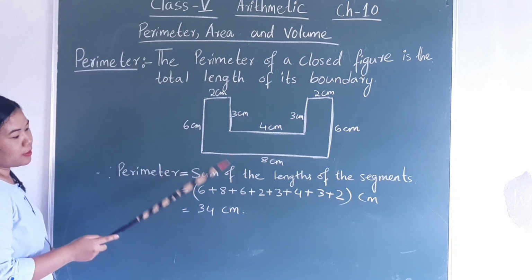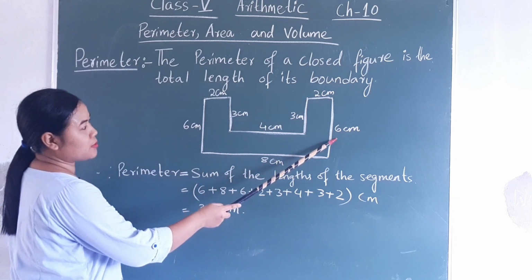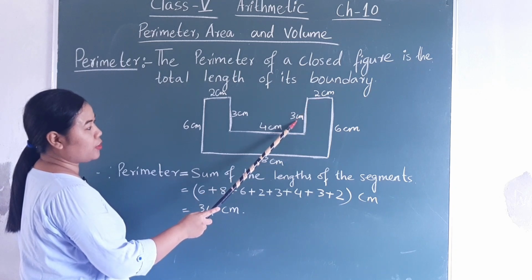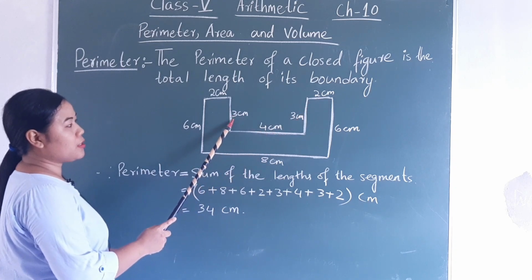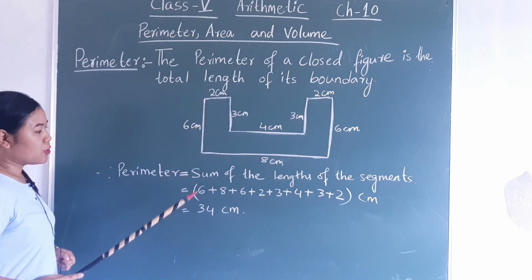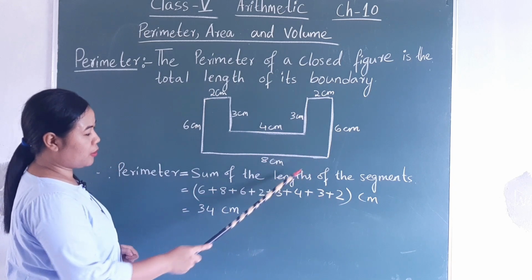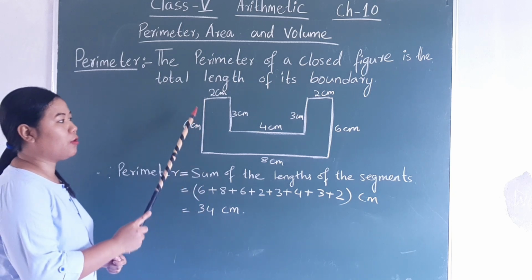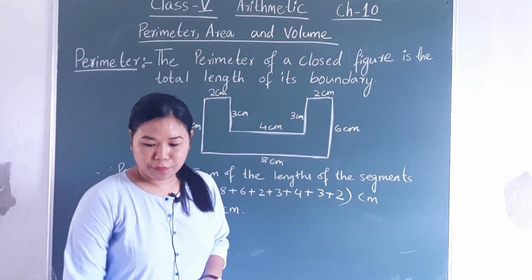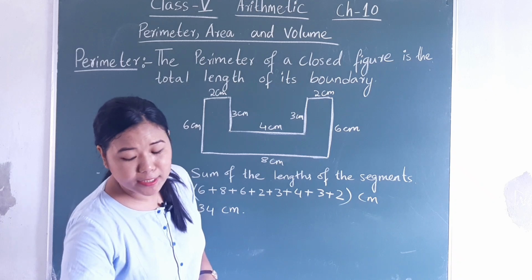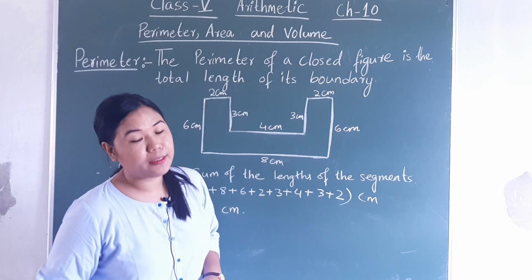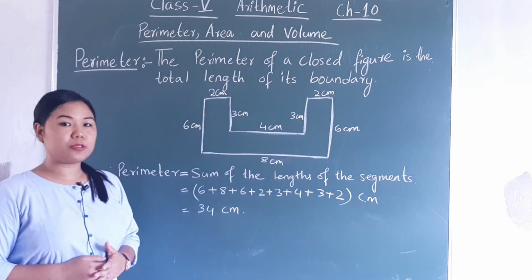Now 6 plus 8 plus 6 plus 2 plus 3 plus 4 plus 3 plus 2. So after we add all the lengths of this figure, we found the perimeter of this closed figure. So this is the way how we find the perimeter of a closed figure.